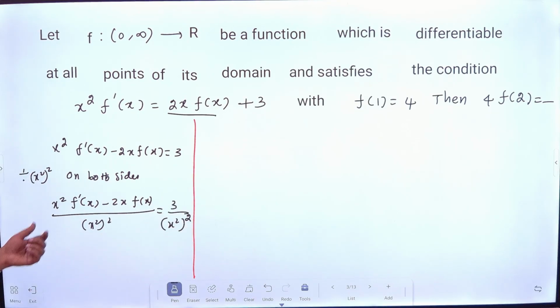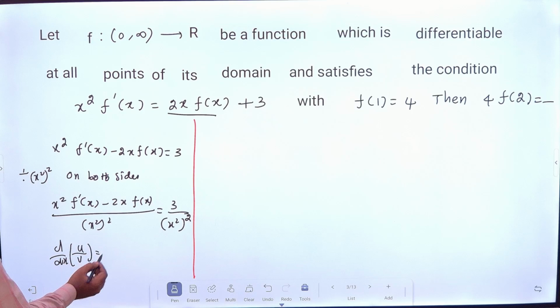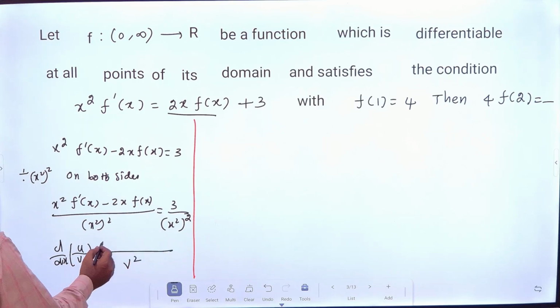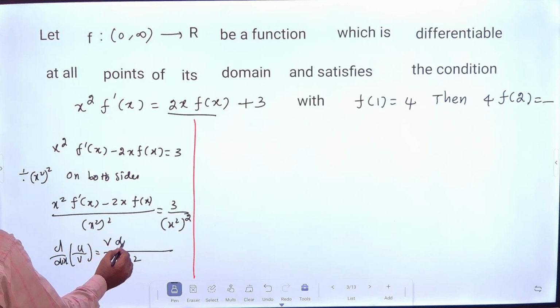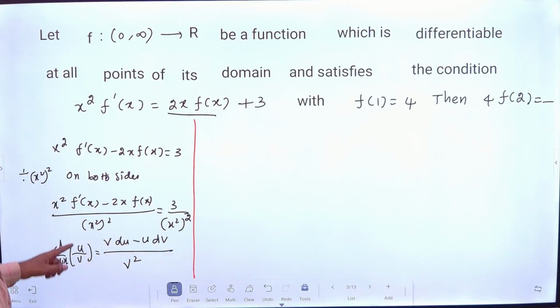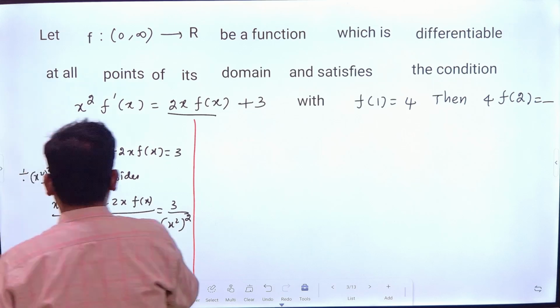Now you can see this is the rule of u by v. You know what the u by v method is? Take the denominator square, v square, keep the denominator as it is, differentiate the numerator du, minus numerator keep as it is, differentiate the denominator dv. The same idea you can see in the above portions.